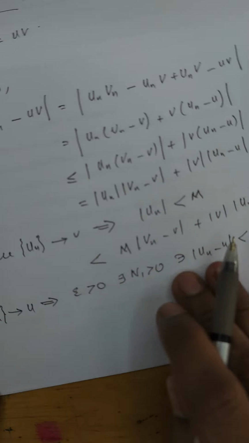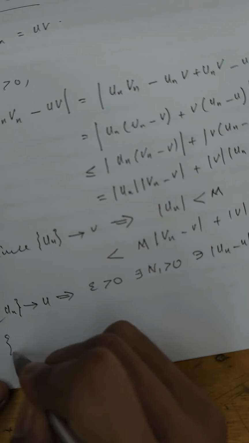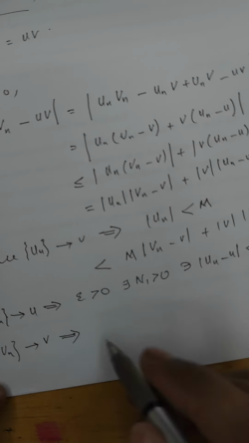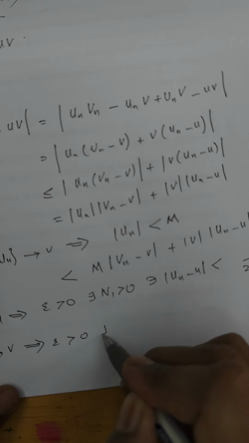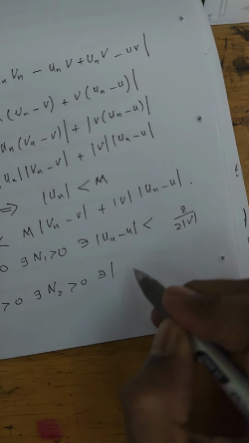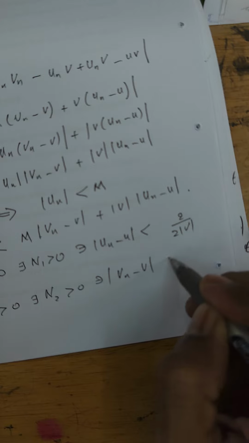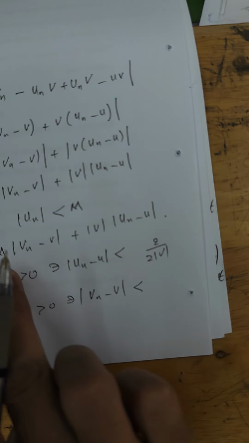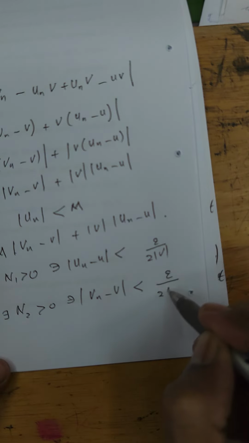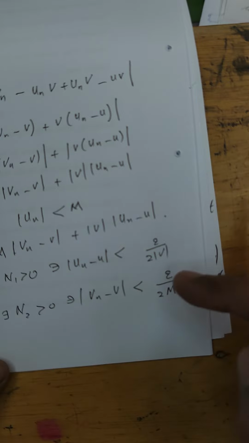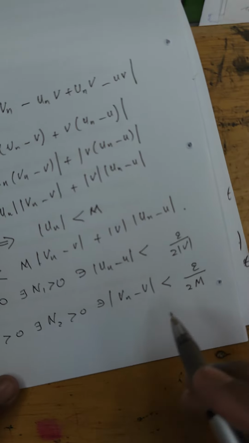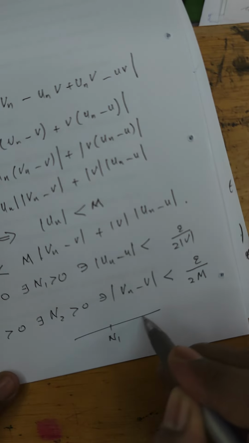And vn goes to v. That gives you, for the same epsilon, there exists N2 positive such that vn minus v is less than. Now here we have a constant M in front, so we need to choose epsilon over 2M. So the M cancels out, what is left is epsilon over 2. We have N1 here, we have N2 here.